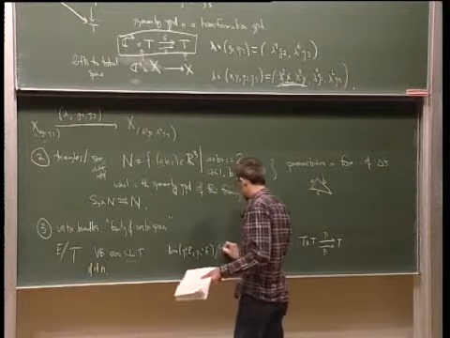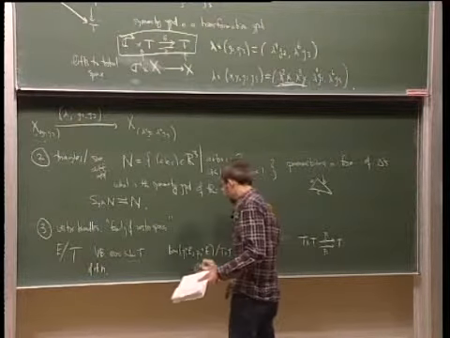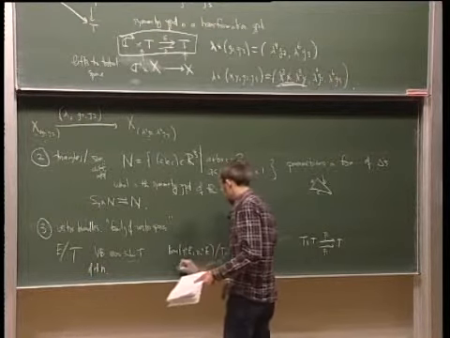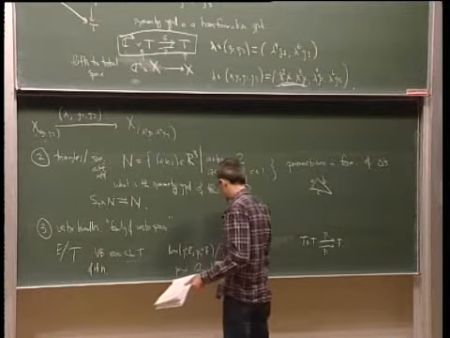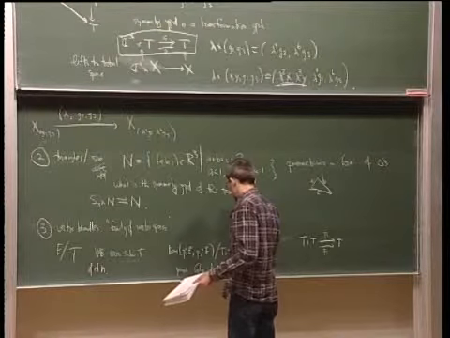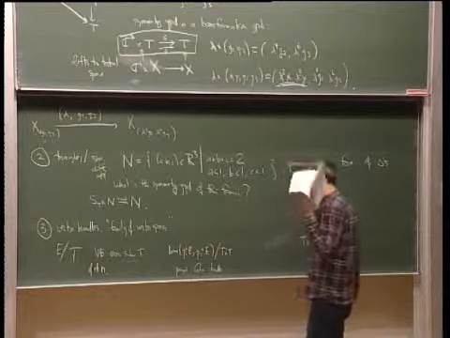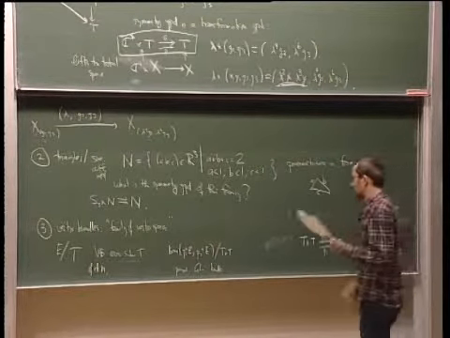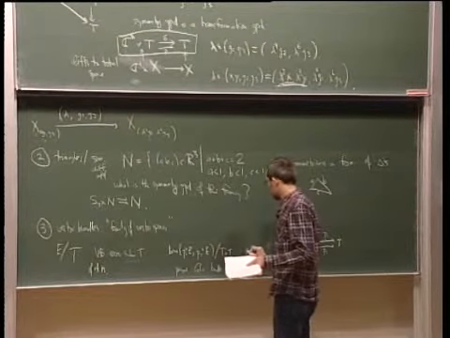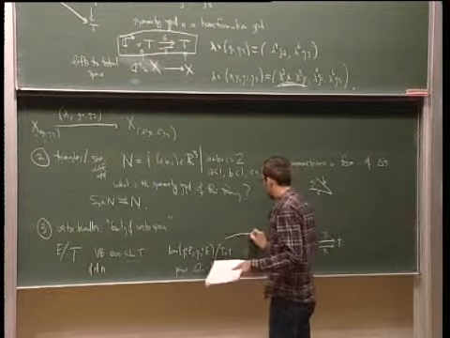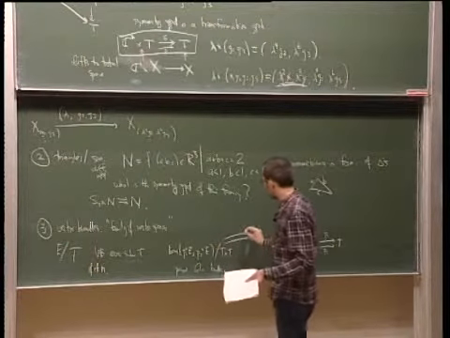This is over T cross T. This is a principal GLn bundle. And then I can map that in two ways to T. This is a symmetry groupoid.